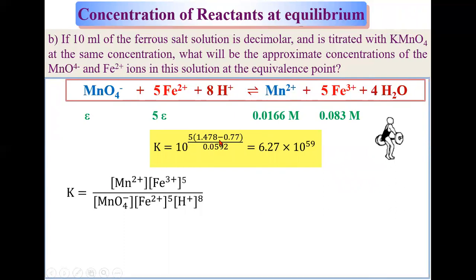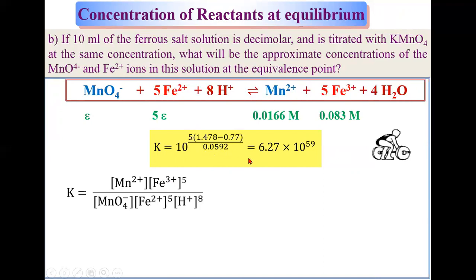You have the delta E naught, and the total number of electrons transferred is actually 5. Again, this is n times n, or total number of electrons transferred. Do not be confused by any other number. It's not n plus n. This is n times n, or total electrons transferred for both couples.